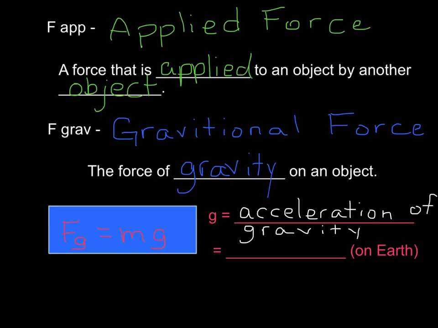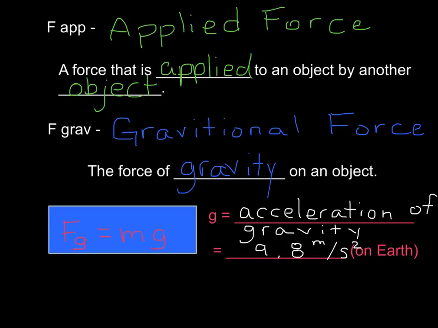You might also remember from that lab that the value for the acceleration due to gravity was 9.8 meters per second squared. And that is on Earth.